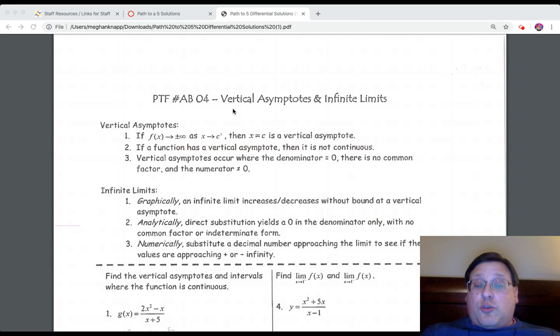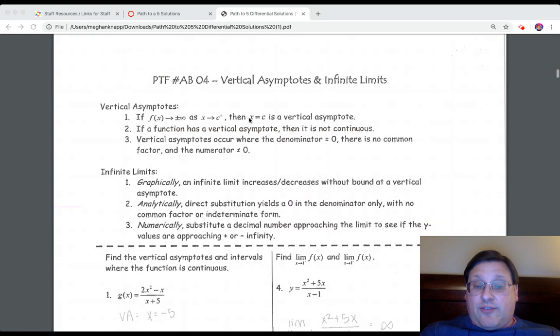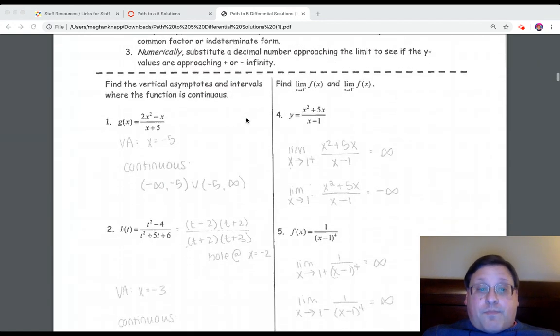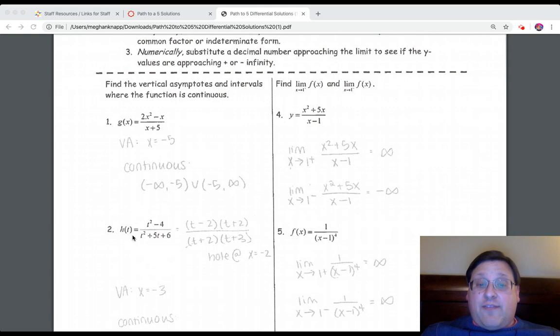Vertical asymptotes, we talked a little bit about just now. Those generally come from the denominator being 0, especially if the denominator goes to 0, but the numerator doesn't. 0 over 0 cases are a little bit different. Those are our holes. But here we'll have a vertical asymptote at -5.